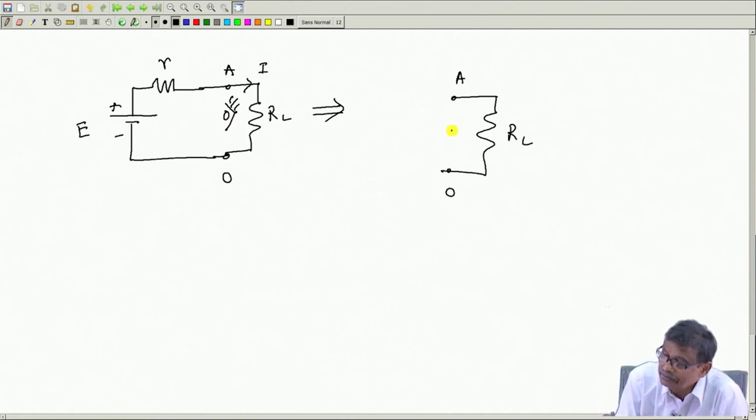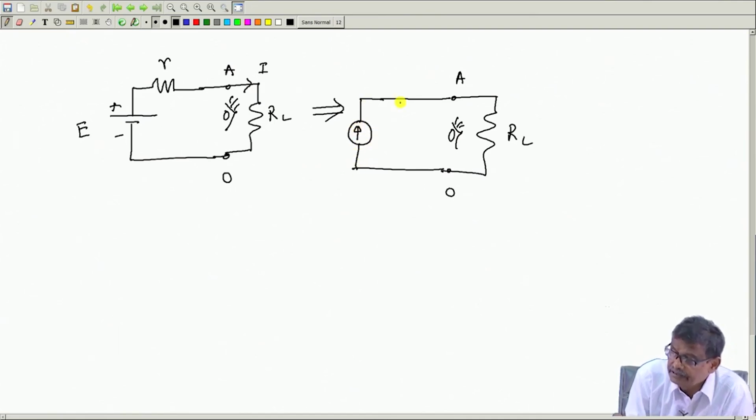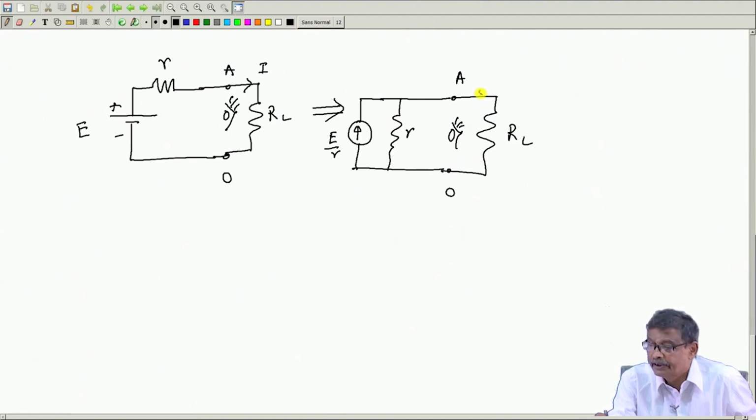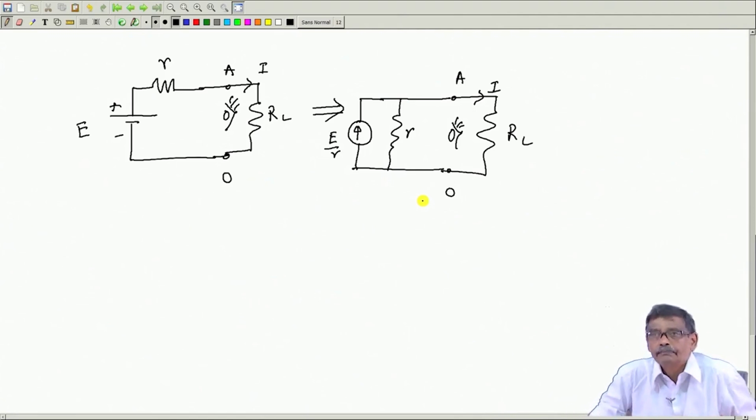He tells that look to the source side, what exists is this. That is all, and you will always get correct current across the load and correct voltage across VAO, no problem.